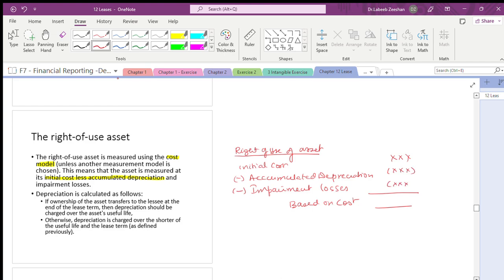At that time we can have the concept where we can make it a part of ownership.